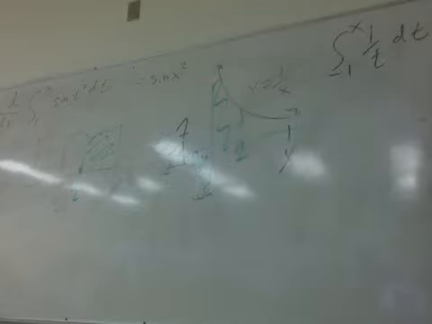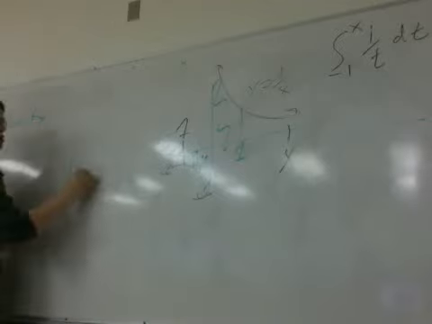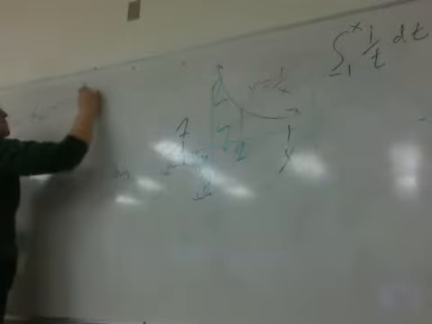So the key thing with integrals like this is that if you remember what I talked about last class, I said that if we have the velocity of an object and the position of an object, we can go from the velocity to the position by integrating.